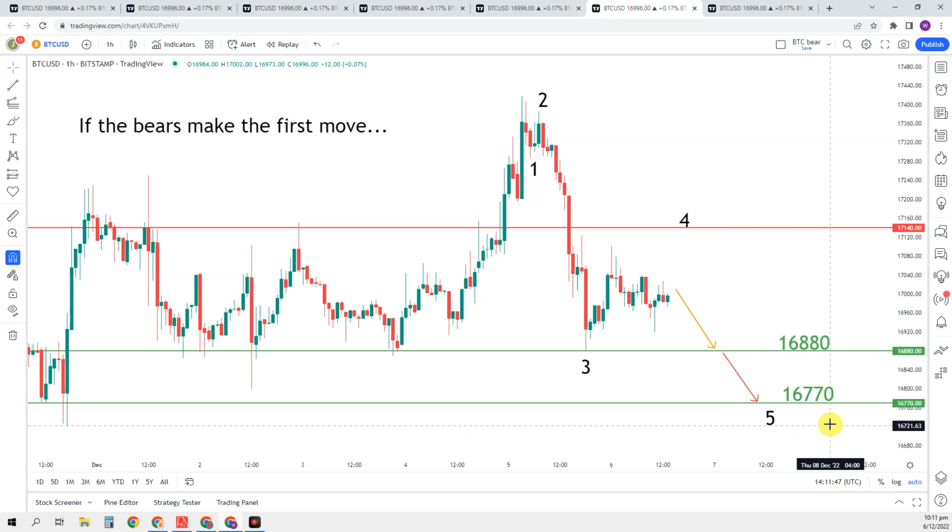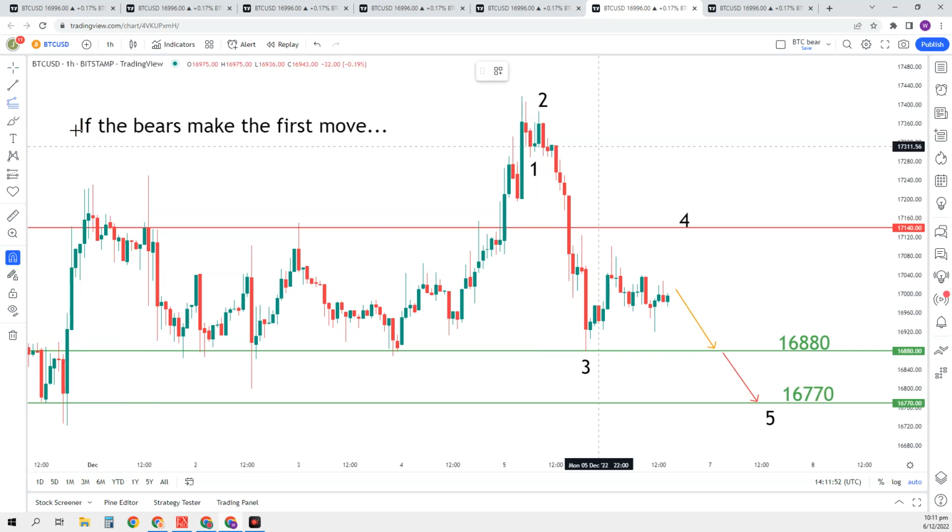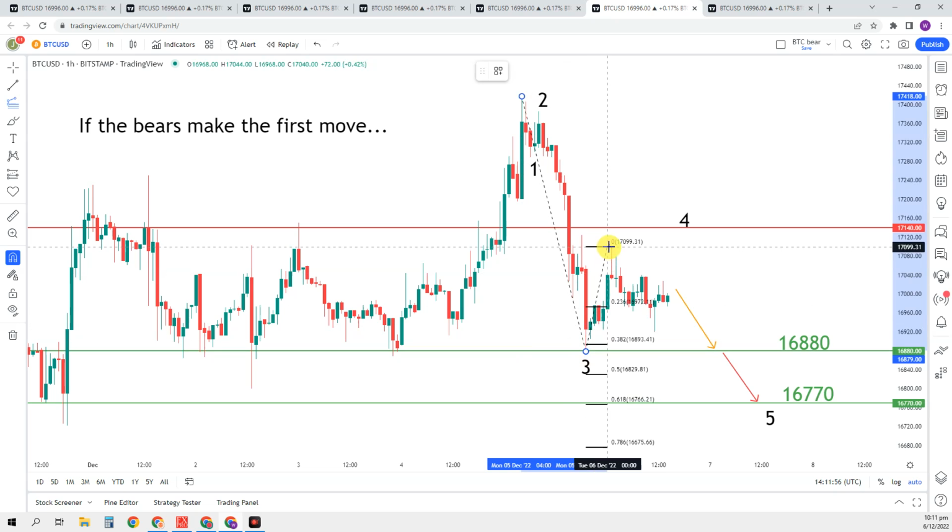So how do you derive this level? You use the projection tool and take the length of wave 1 to wave 4. You can see this is the 61.8 Fibonacci extension. And also, if you look to the left, it was also respected as a support in the past.